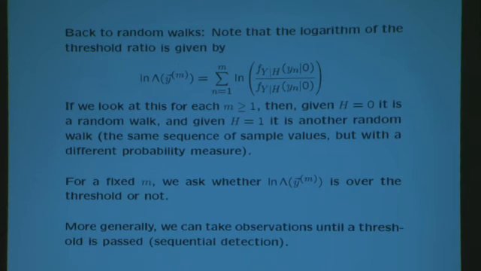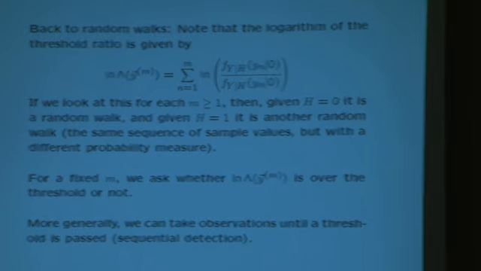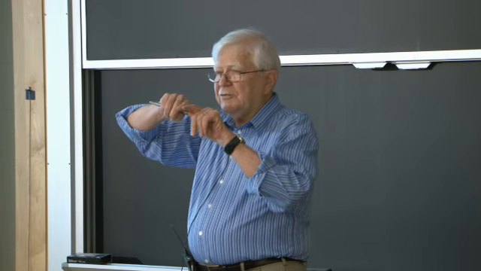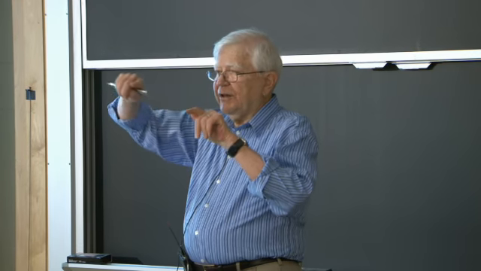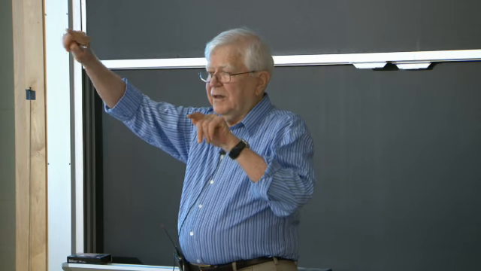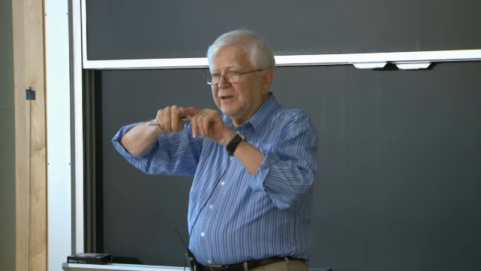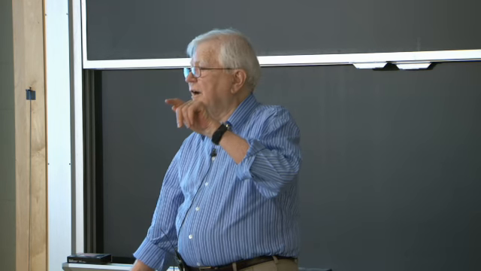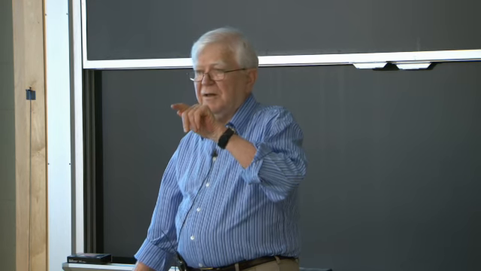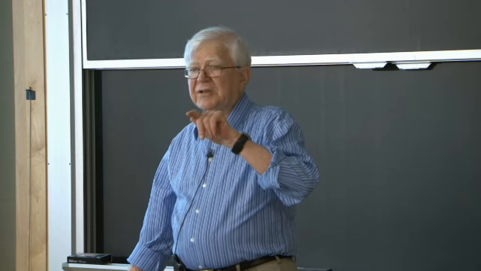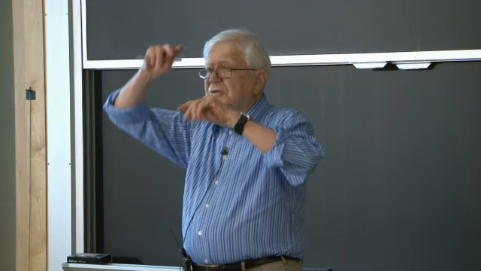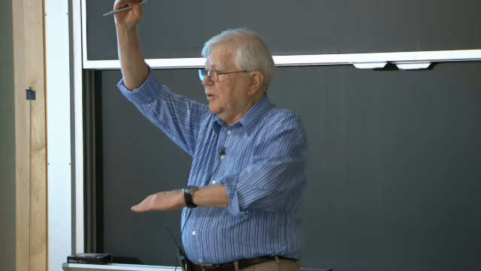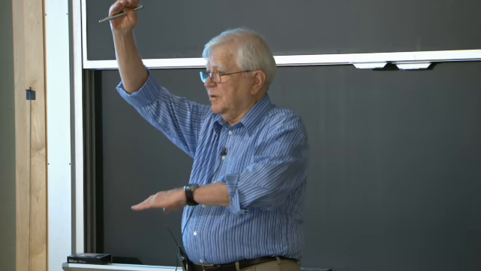What's going to happen is that under one hypothesis, the expected value of this log likelihood ratio is going to linearly increase with n. If we look at it under the other hypothesis, it's going to linearly decrease as we increase n. And a nifty test at that point is to say, as soon as it crosses a threshold up here or a threshold down here, we're going to make a decision.